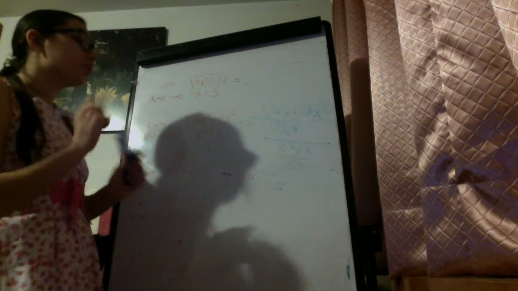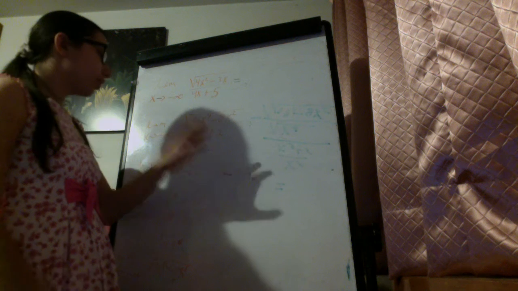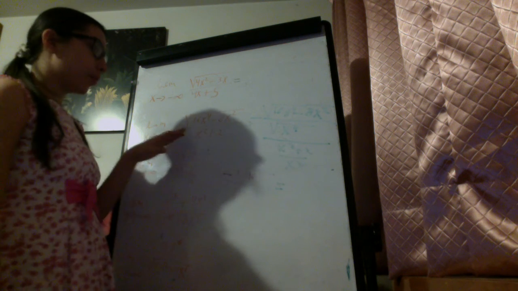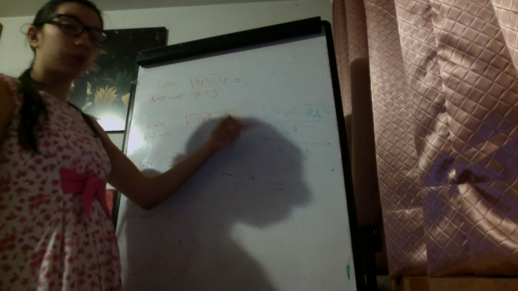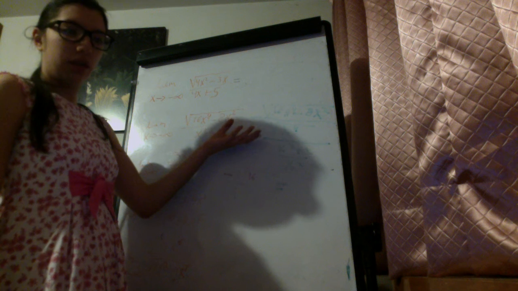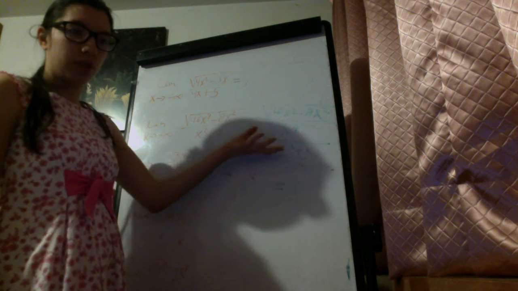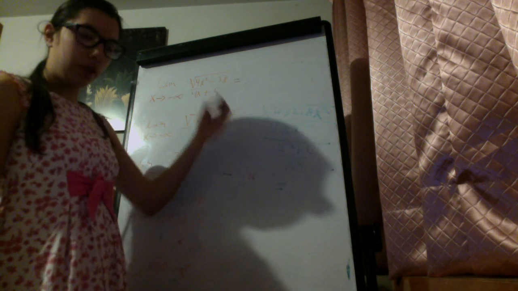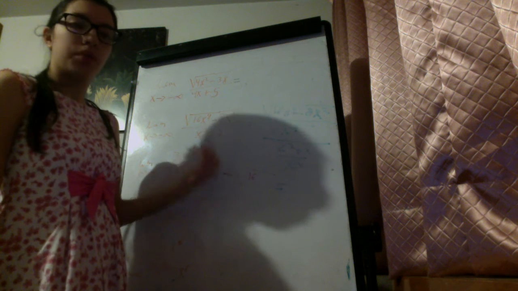Oh, sorry. I made the mistake that I didn't want you to commit. We are taking the limit as x approaches negative infinity, but remember that the square root of x to the 4 is x squared, and whether x approaches some positive value or some negative value, x squared would be positive, so the square root of x to the 4 is always a positive number.